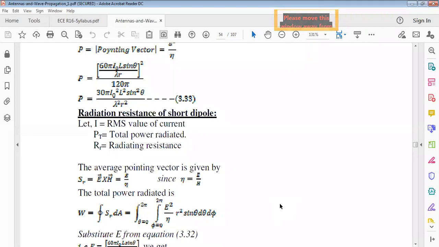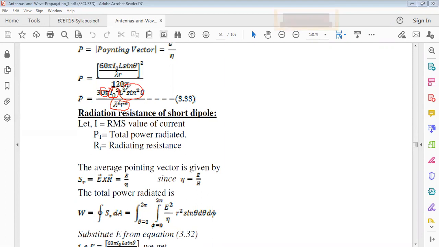Upon simplification, we get 35 I naught square L square sin square theta by lambda square R square. Understand? See here, 35 L square sin square theta by lambda square R square into I naught square.